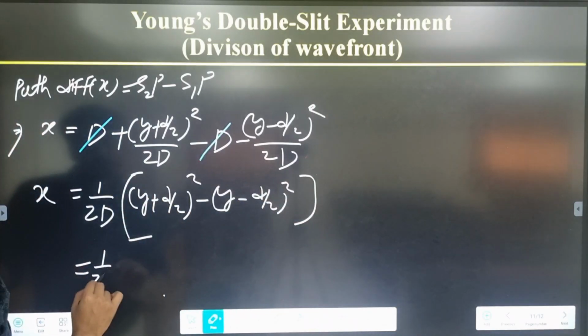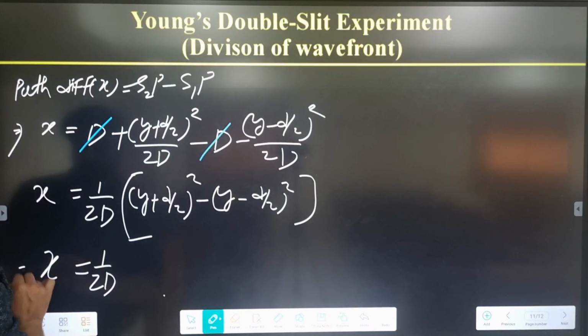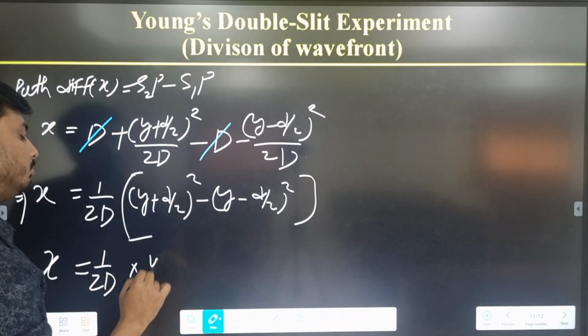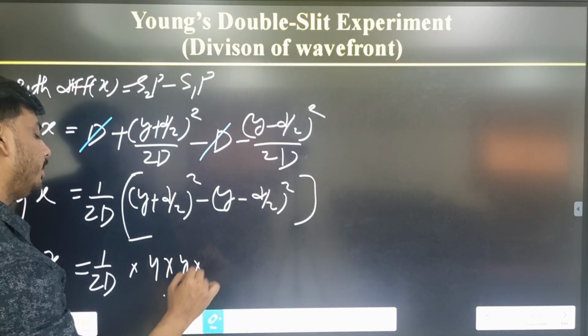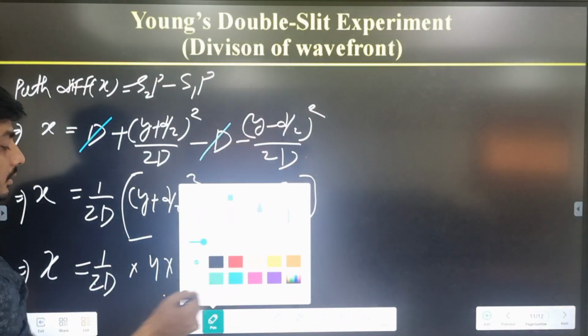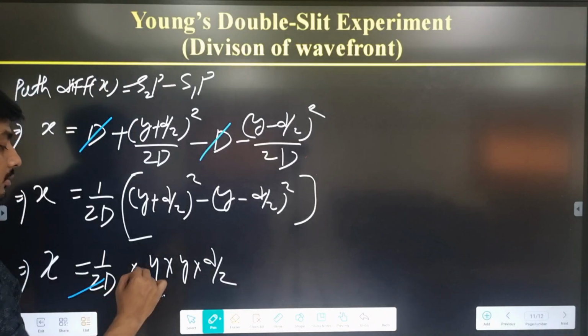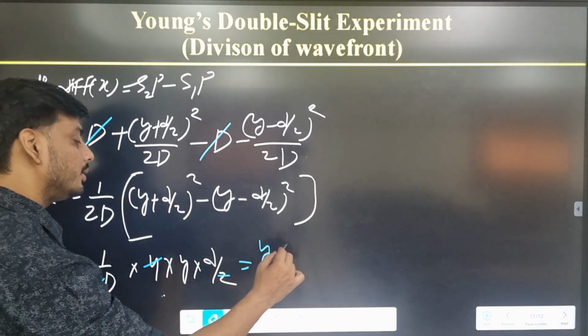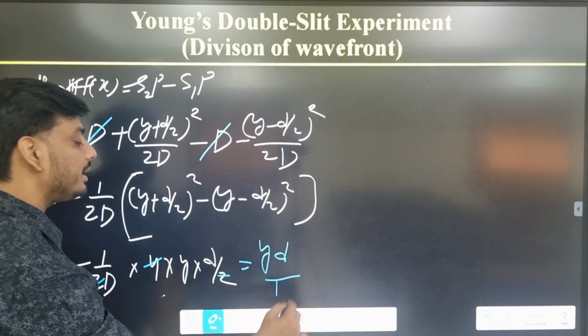And this is nothing but a plus b whole square minus a minus b whole square, which is equal to 4ab. So in 4ab, 2 we can cancel, 2, 4, 2. So the result is y small d by capital D.